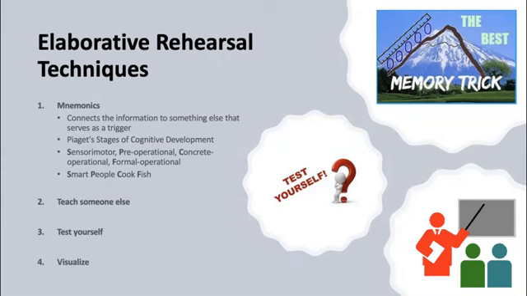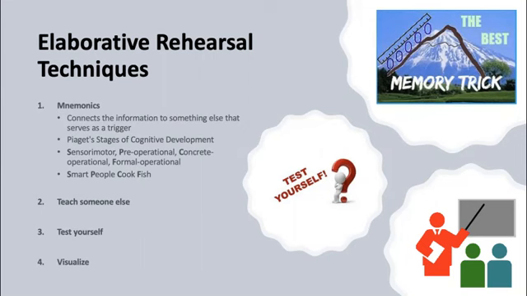This actually allows the memory to remain in short term memory for a longer period of time, right? So, you're repeating that information over and over again, and it remains in the short term memory longer than that 15 to 25 seconds that it would have been there had you not been rehearsing.